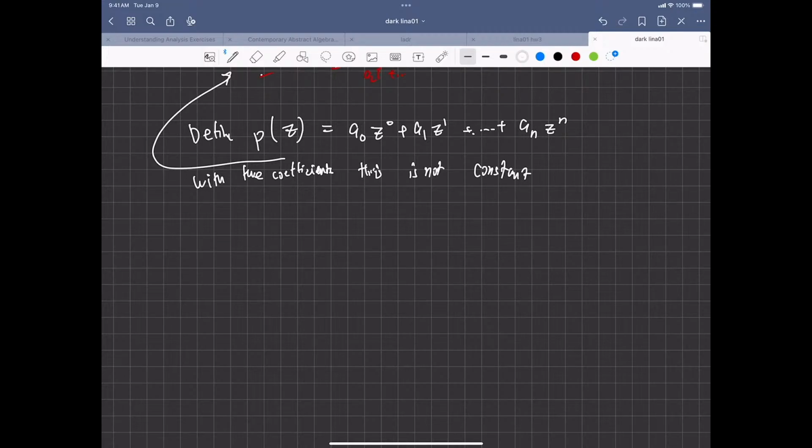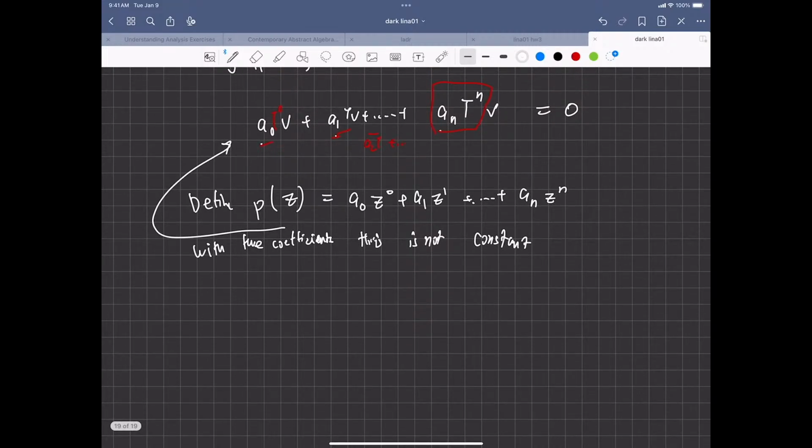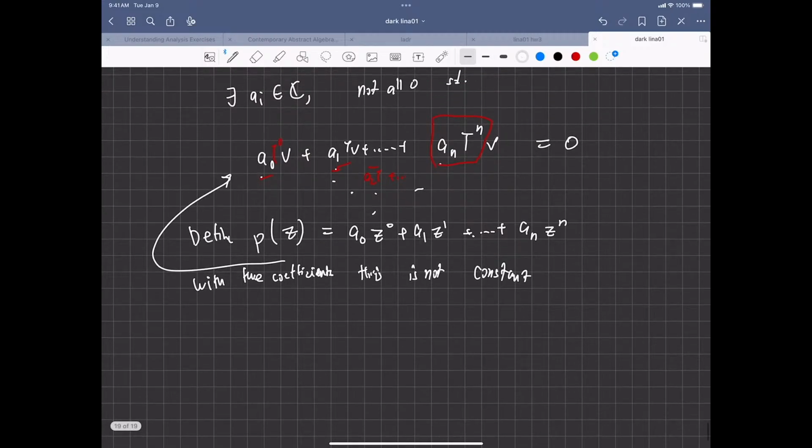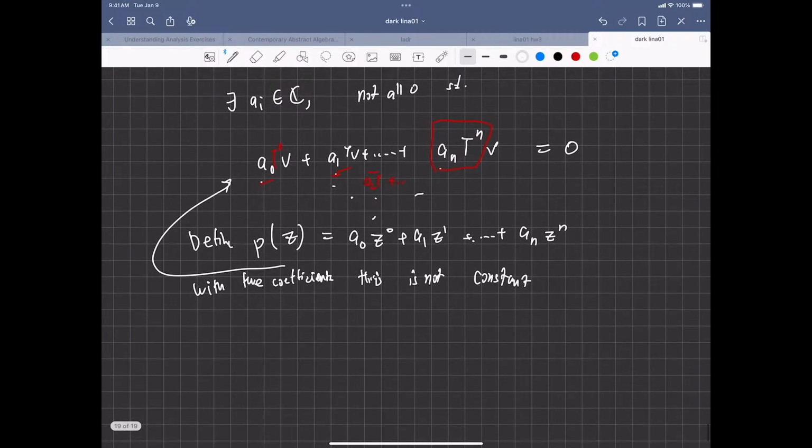And why is this not constant? Because if it were constant, then everything after a0 would be 0, but that leaves us with a list of length 1, which could very well be linearly independent. So this cannot be constant.